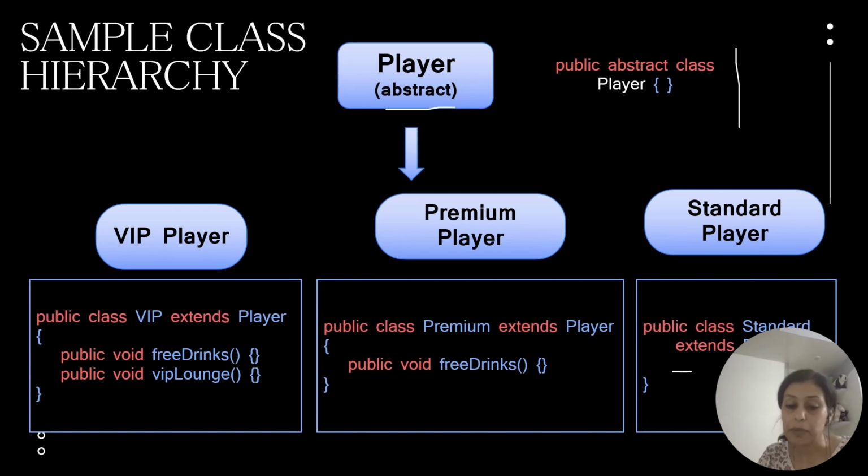The class premium extends the player class and it gets the privilege of free drinks, so we have the method freeDrinks here. VIP player extends the player class. It gets two privileges, so we have defined two methods here: freeDrinks and vipLounge.